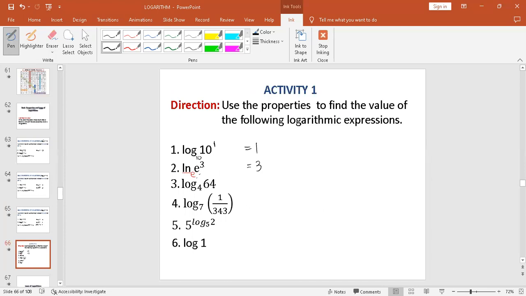Diba yung 64 pwede nating ma-express in exponential form? 64, paano natin yan i-express in exponential form? We can also use 4 raised to, I think 3. Wait, double check ko lang.